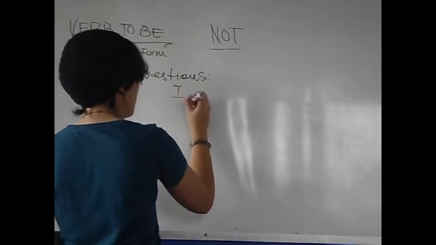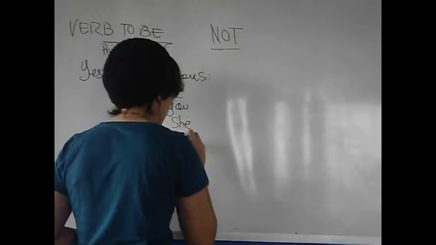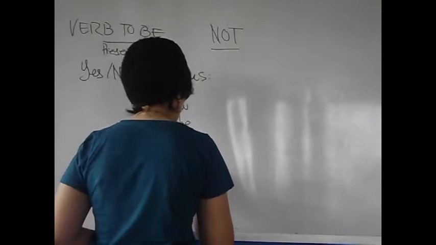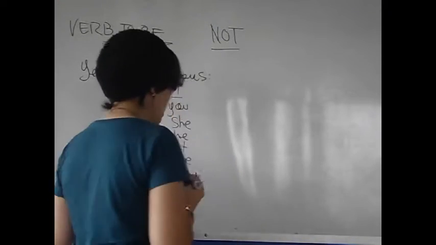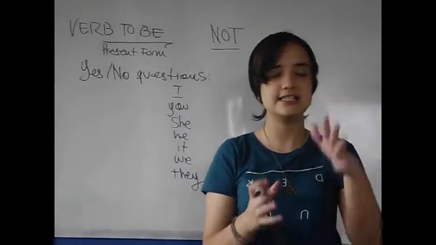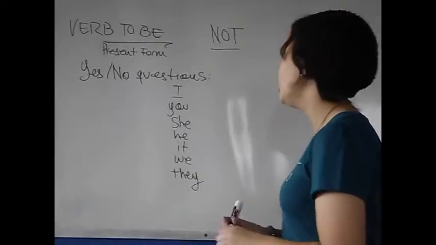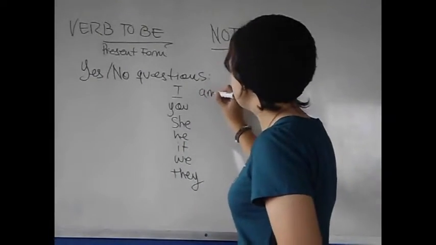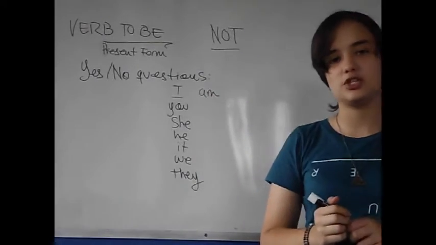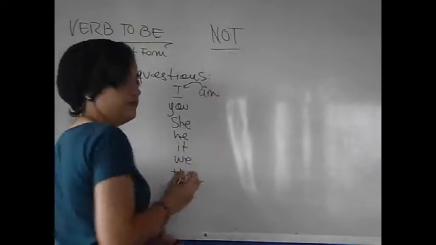We have, once again, our personal pronouns, and they, okay? So, why was I so insistent on this thing that the affirmative form is the base of all? Well, as we have I am, for the yes/no questions, we only change their positions.